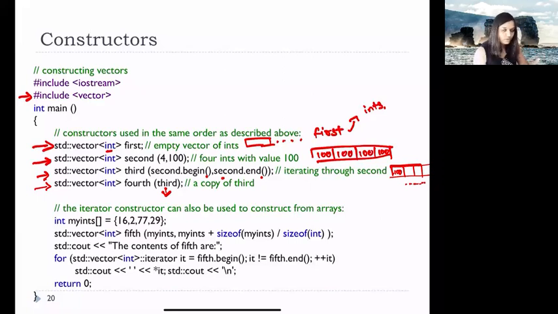This is how you're going to use this vector class. So this means we are copying the items that are stored in the third vector. Indeed, we are storing in the third vector 4 ints initialized to 100.